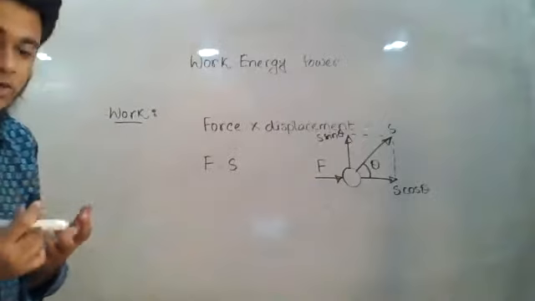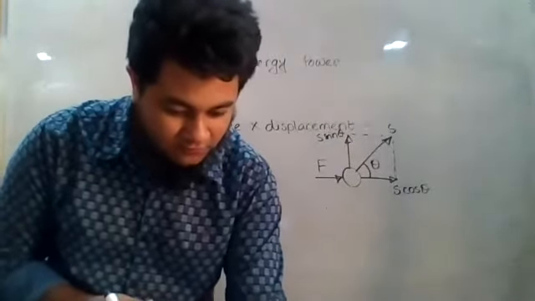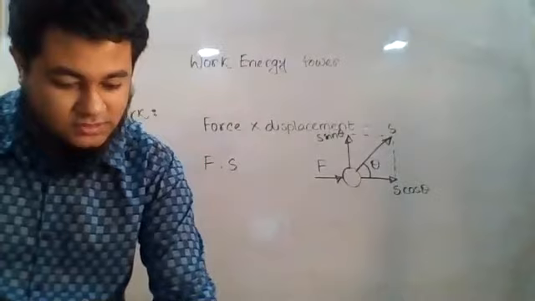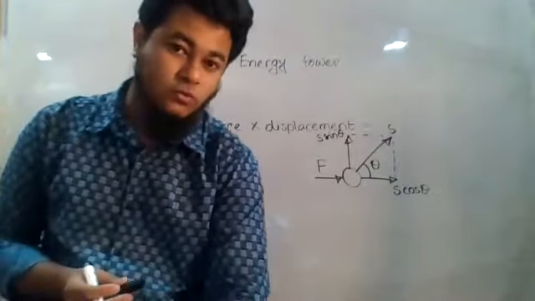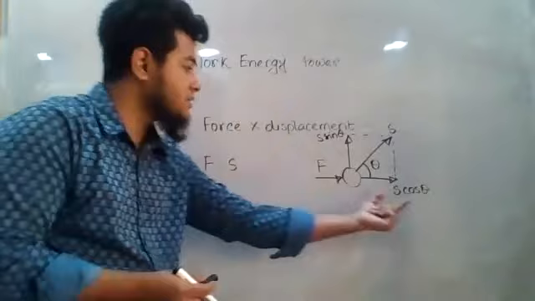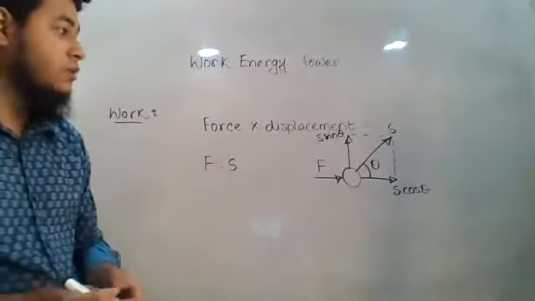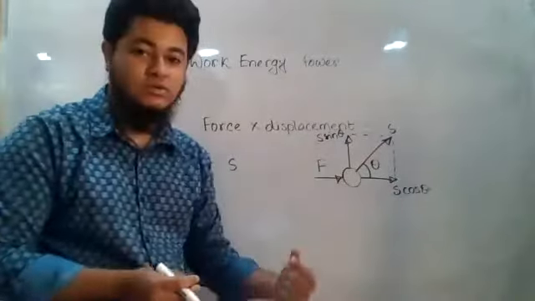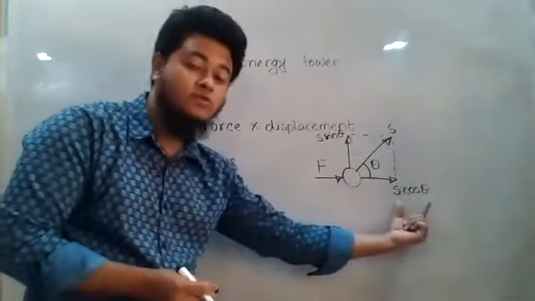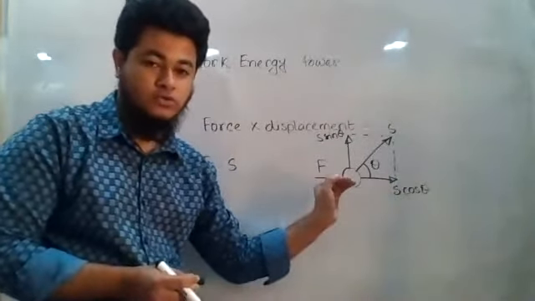Now, according to the actual definition of work, if a force acts on a body and causes some displacement along the force, what is the displacement that is being caused along the force? S cos theta. If I tell you to find out the work now, you cannot multiply F and S. You have to multiply F and S cos theta, because this is the displacement that is along the force.